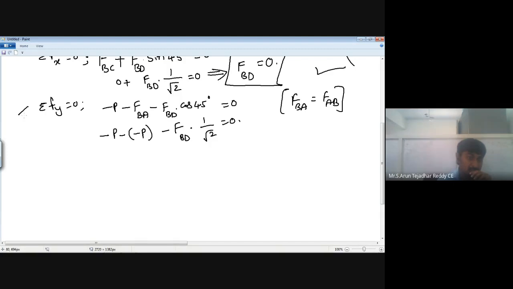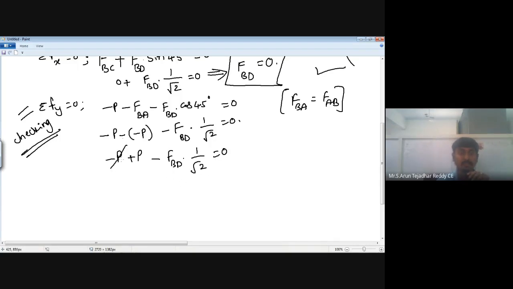Actually, the sigma Fy is checking: minus P minus minus plus P minus FBD into 1 by root 2 is equal to 0. Minus P plus P is cancel.